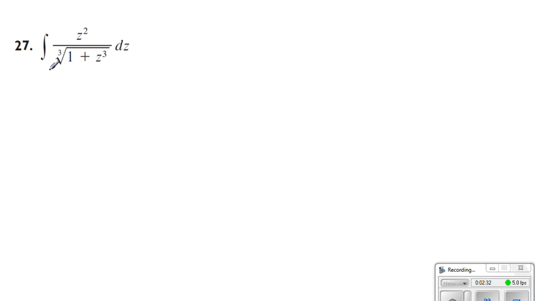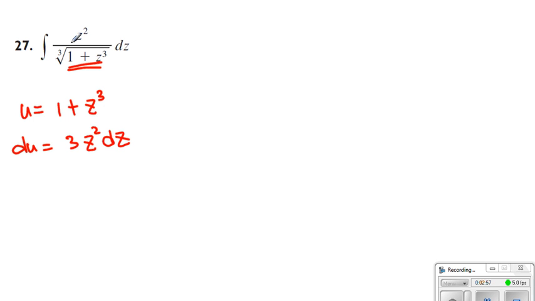Alright, number 27. Yes, that's right. If you set 1 plus z to the third power, as we take the derivative, it becomes second power. So as you can see, u can be equal to 1 plus z to the third power. Now then du becomes 3z squared dz.